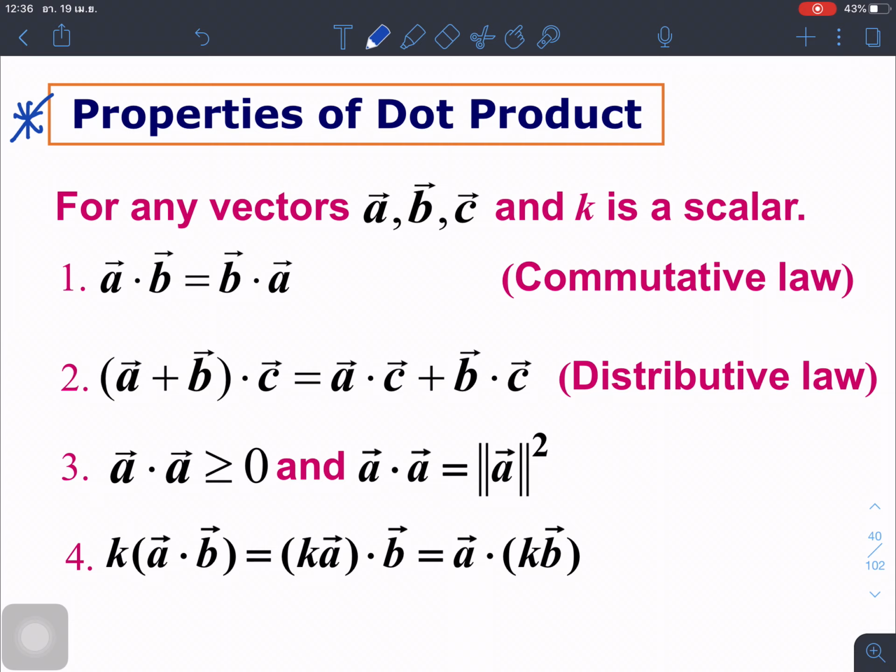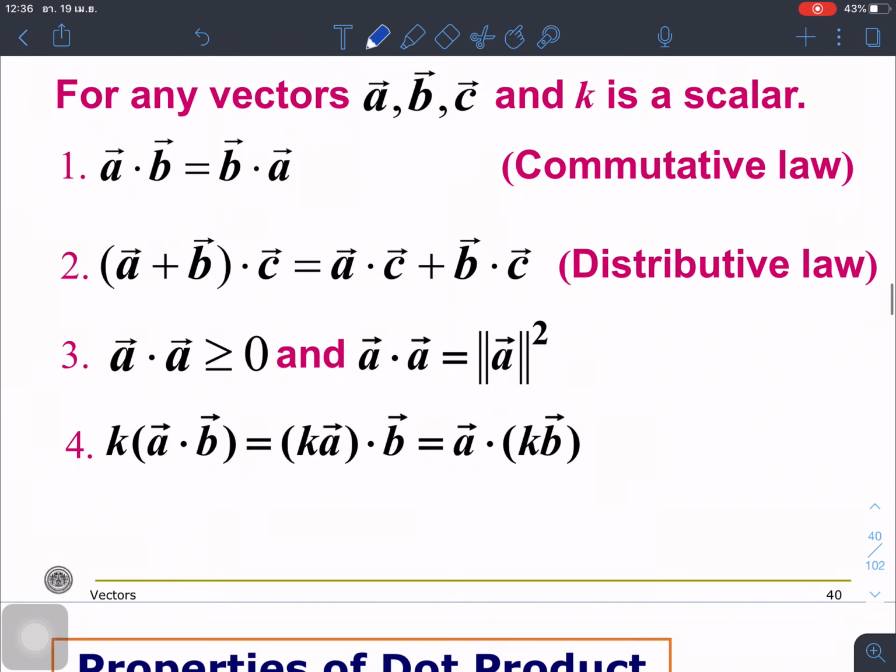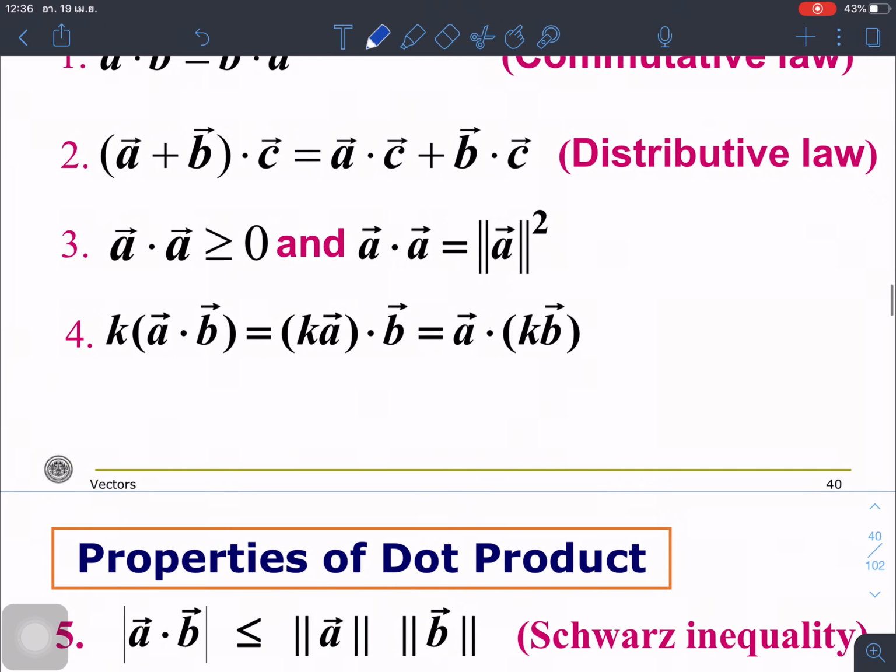And you have a distributive property: A plus B dot C, you can distribute the dot product with C to each one, A and B. A dot A is always either positive or 0, and we have seen this property before. And for scalar multiplication, k times vector A dot vector B can be done as k times A first and then dot B, or A dot k times vector B.